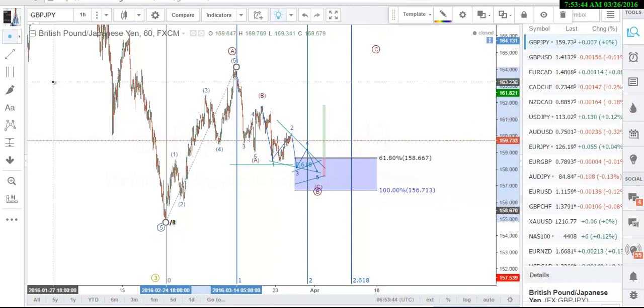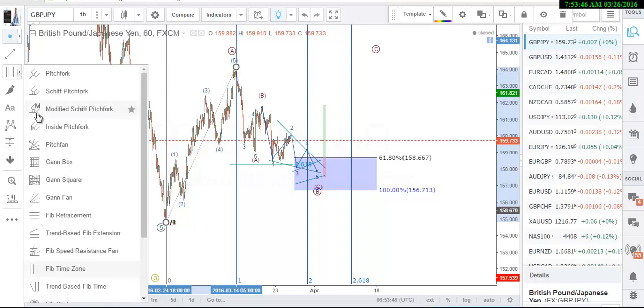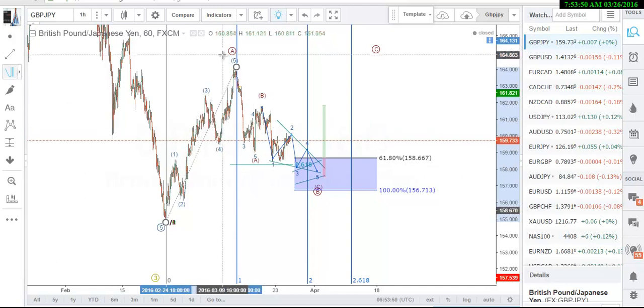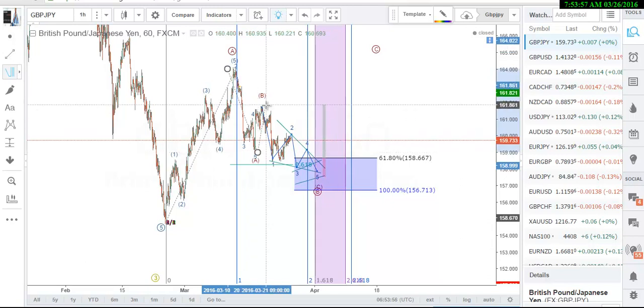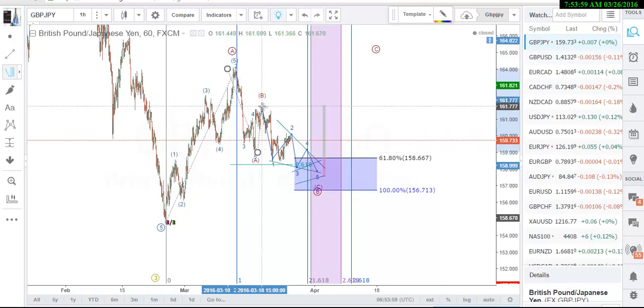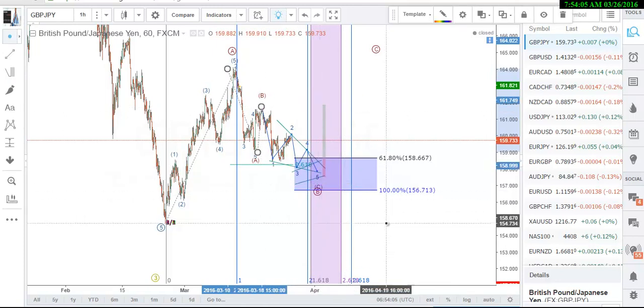And if we also look at the Fibonacci time extension of wave A, now from B, all right, it's also around this level. Yeah, let's look at the level we are looking at.